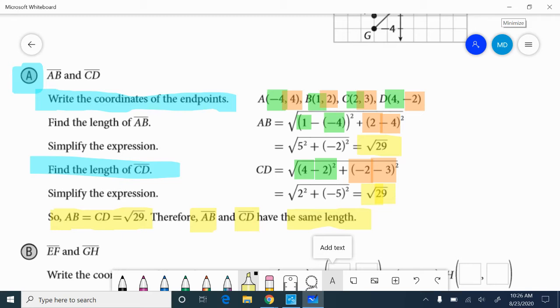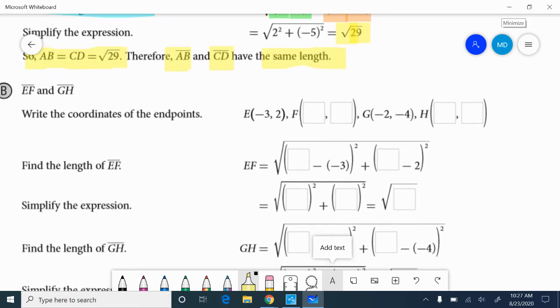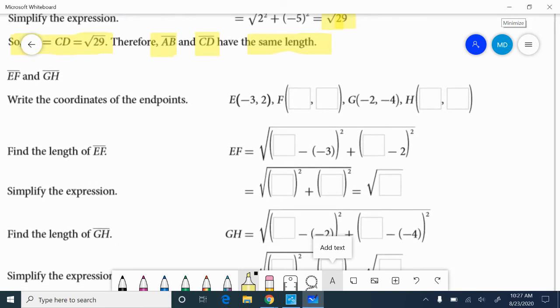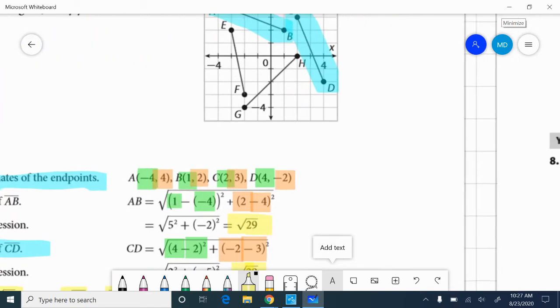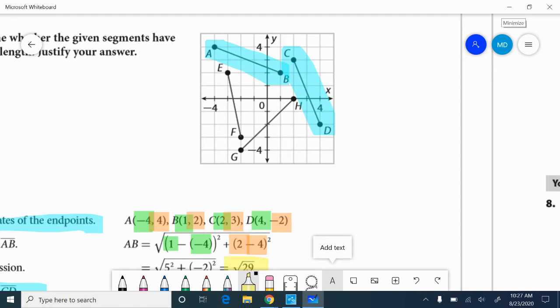All right, we're going to do another example. This time we're going to look at segment EF, and we're going to look at segment GH. It's asking you to fill in from the picture above. So they give us E, but we don't have F. So we're going to come back to our picture and look at F and find our coordinates.